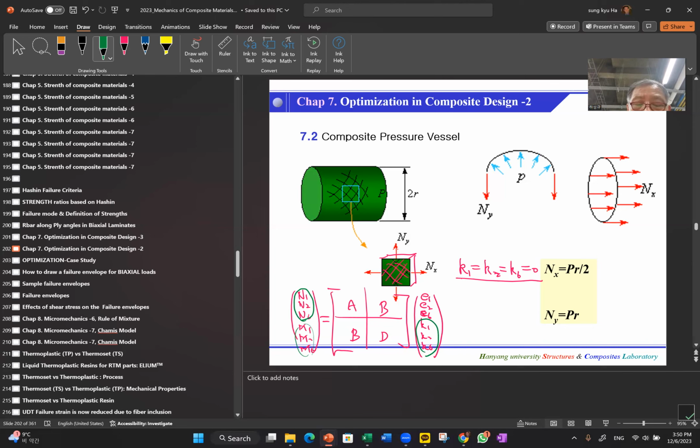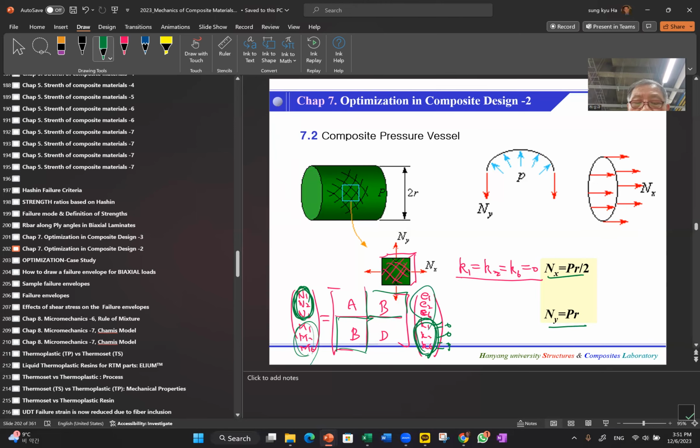So in this 6x6 equation, what we know is that this value will be given like this, and this should be 0. Whatever layup, the B matrix may not be 0, but when we calculate all the stresses, we have to specify what is given, and we can calculate this term and that term. That is what we need to understand.